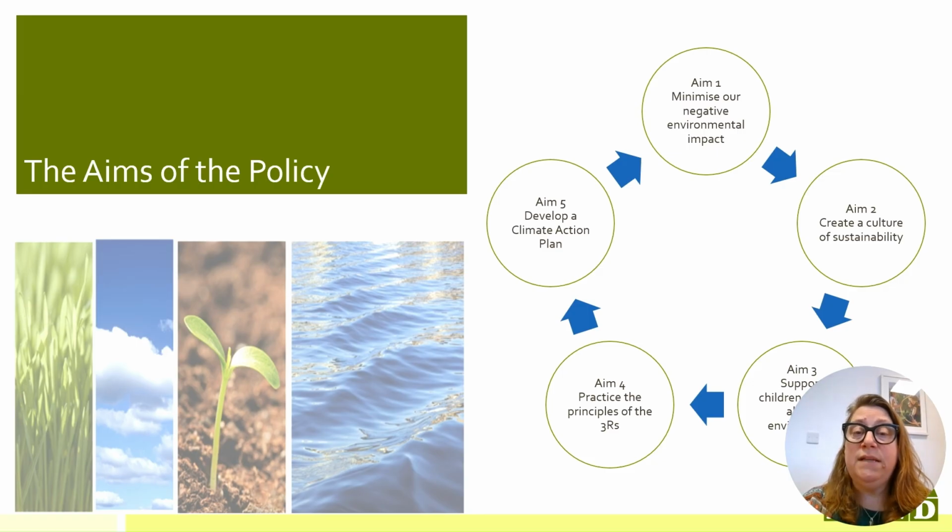The fourth is to practice the principles of the 3 R's, which we'll cover in more detail on the next slide. And then finally, to put all of these 4 into a climate action plan. So that's the 5th aim, which is an overarching, more holistic aim about what it is that you're actually going to do to put your policy into practice and develop an action plan for your setting.